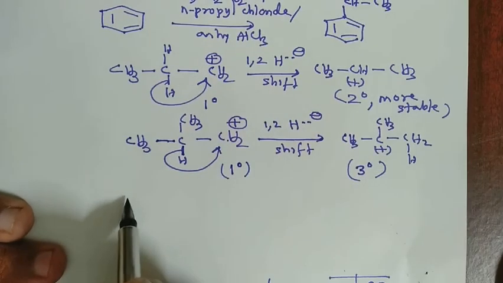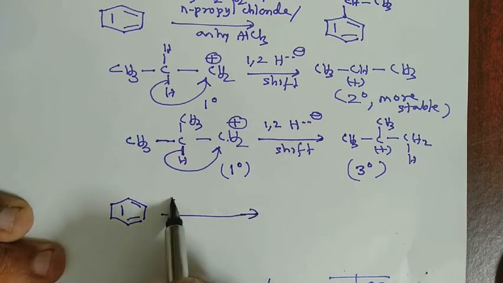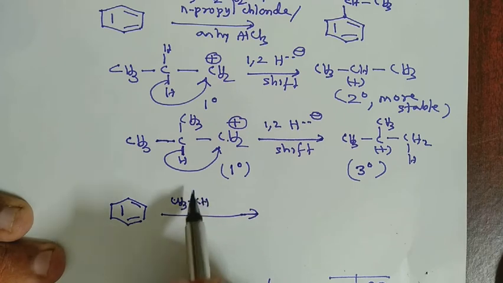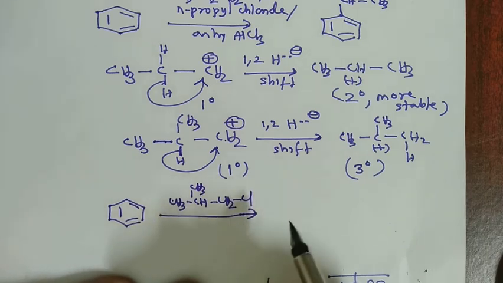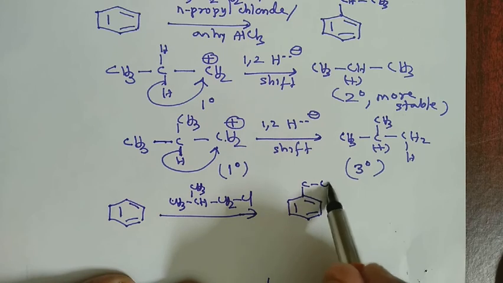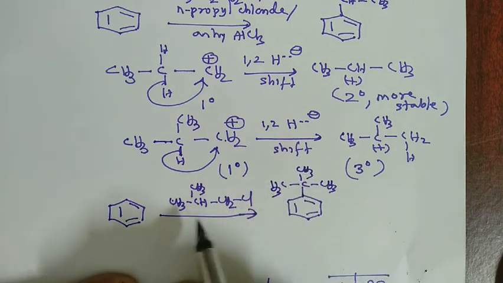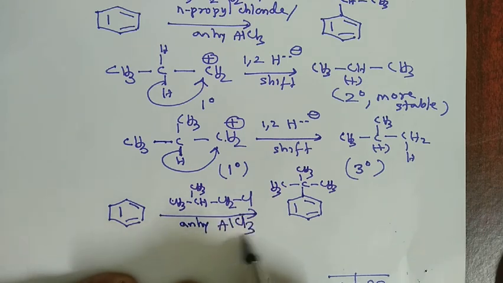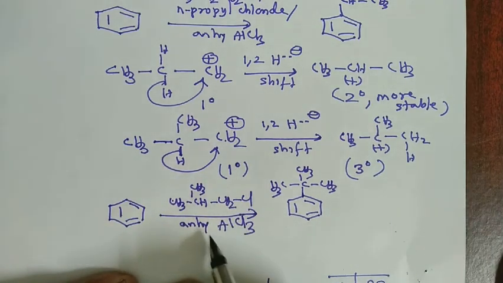So if benzene is subjected to Friedel-Crafts alkylation using isobutyl chloride, the major product obtained will be tertiary butyl benzene. Initially, isobutyl carbocation is generated from a mixture of isobutyl chloride and anhydrous aluminium chloride.